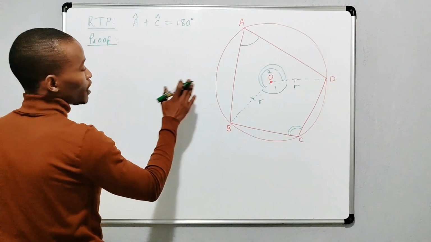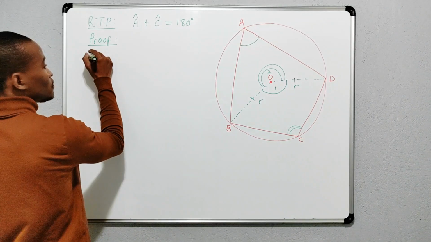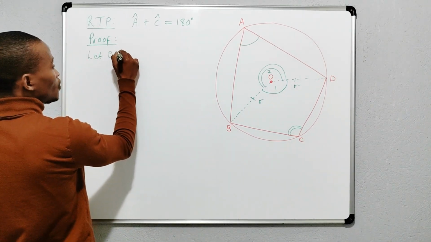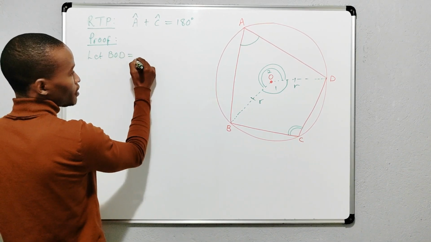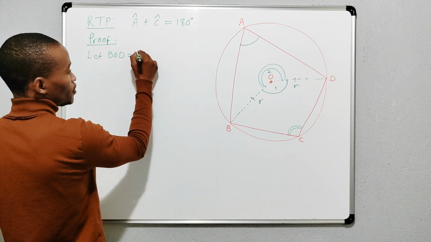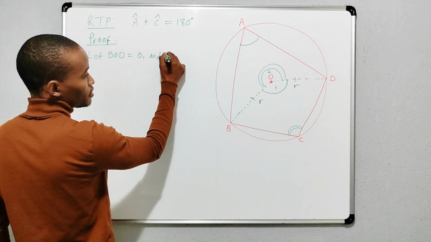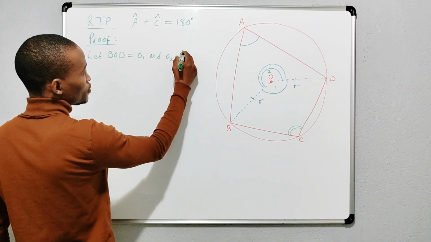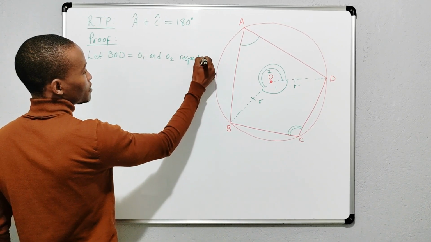Okay, we have drawn our radius, and therefore we can talk about the following. Let angle BOD be equal to angle O1 and O2 respectively.